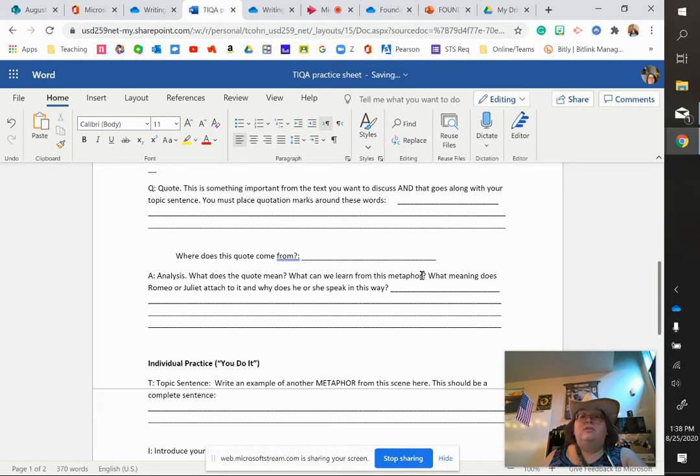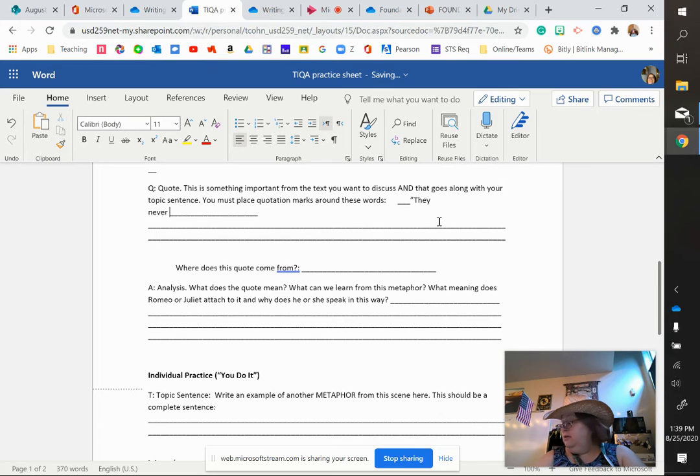And then down here, this is where you're going to put your quote. And for our purposes, we're going to use paragraph 8. And you're going to say, "They never saw the kitchenettes. They never knew about the 2-room flats and sleeping rooms.